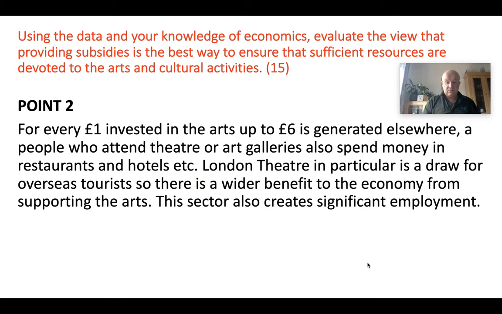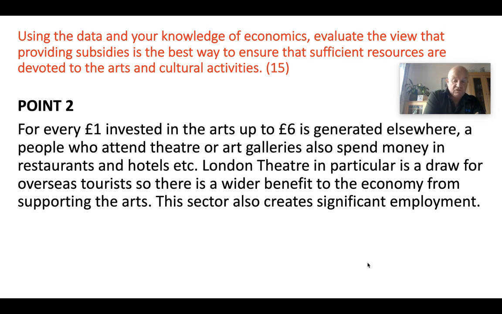In terms of the second point that you can include, in this instance we're saying that there is almost a form of multiplier effect, in that for a pound invested in the arts, up to £6 is generated elsewhere. People who attend those theatre productions and art galleries also spend money in restaurants and hotels in and around the London area, for instance, the London theatre area.